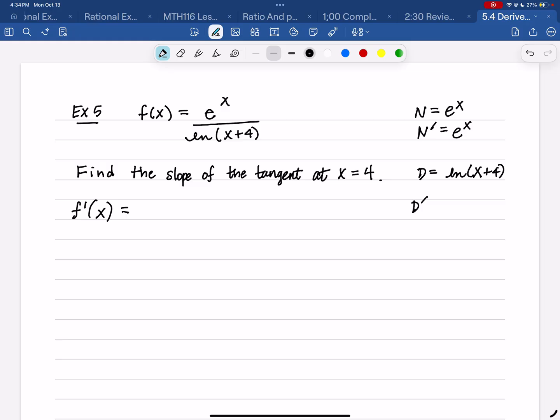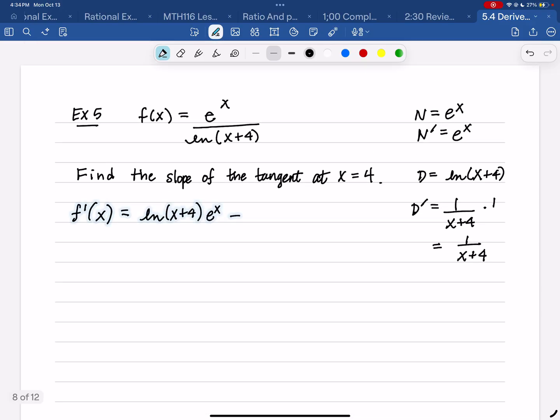So the derivative of our denominator is 1 over x plus 4 times 1, chain rule. So that's just 1 over x plus 4. So as a reminder, always start with the denominator, end with the denominator squared. So denominator, natural log, derivative of the numerator, e to the x, minus the second function, that's denominator, derivative of the numerator, minus the numerator, which is e to the x, derivative of the denominator, which is 1 over x plus 4.